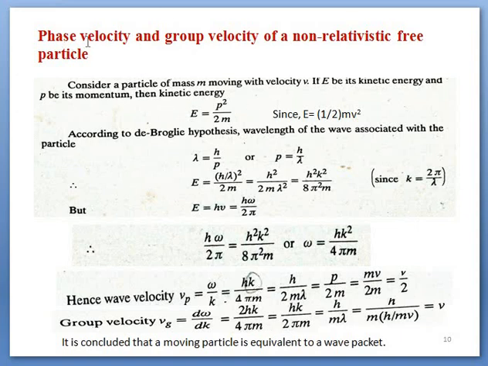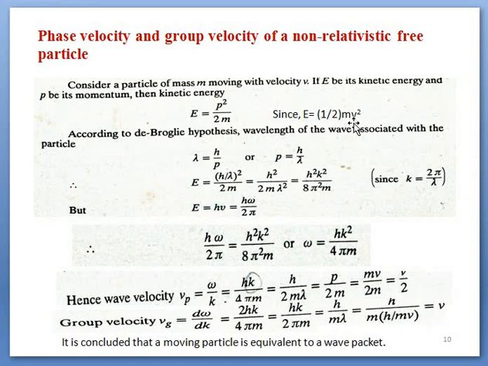We will try to find the phase velocity and group velocity for a non-relativistic particle. As we have seen, the energy of a particle in motion with velocity v is E equal to half mv square, which represents the kinetic energy.